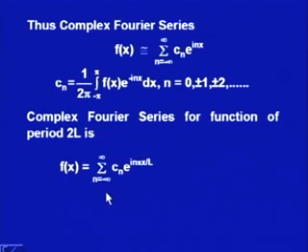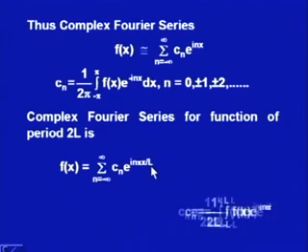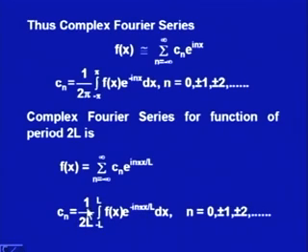So, I would get the sum from minus infinity to plus infinity of c n e to the power i n pi x by l, where c n is nothing but 1 upon 2 l, integral minus l to plus l, f x e to the power minus i n pi x by l dx, for n taking values 0, plus minus 1, plus minus 2 and so on.